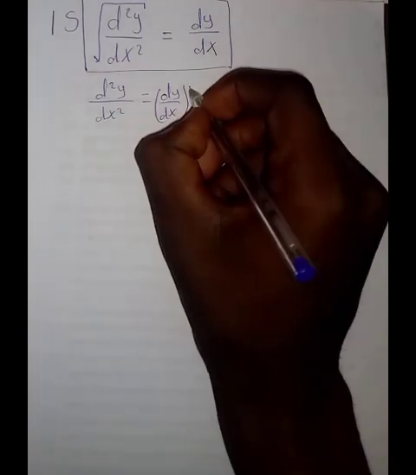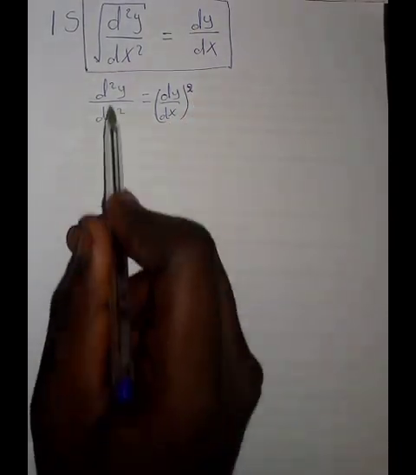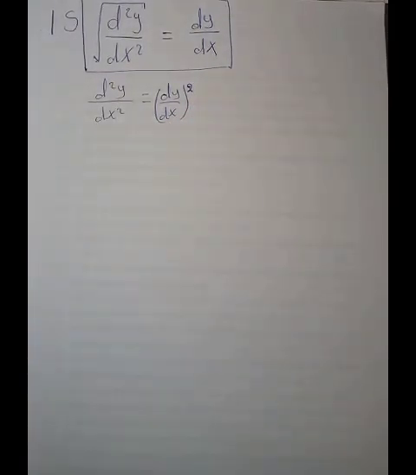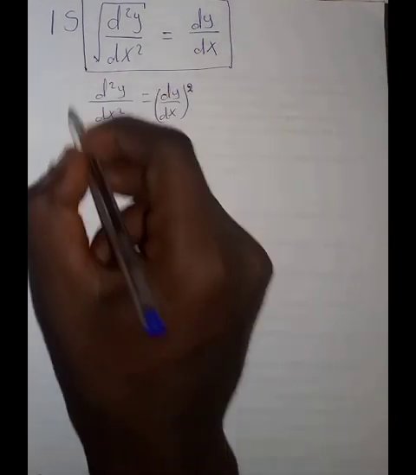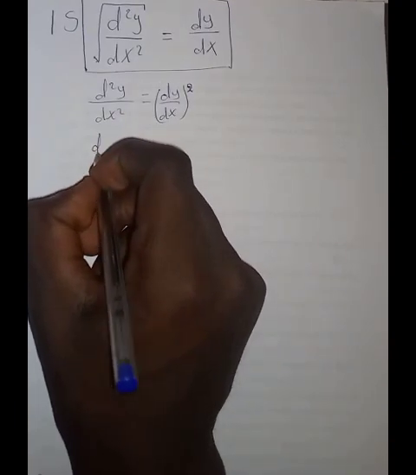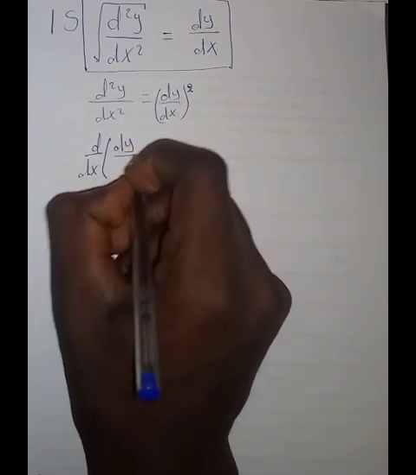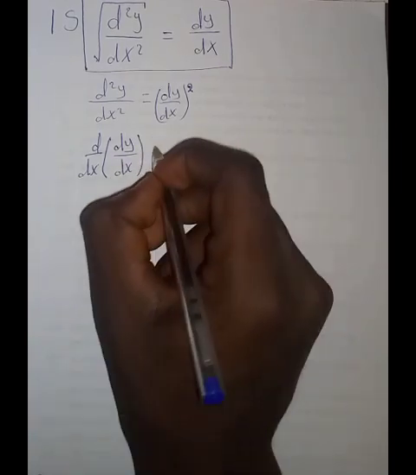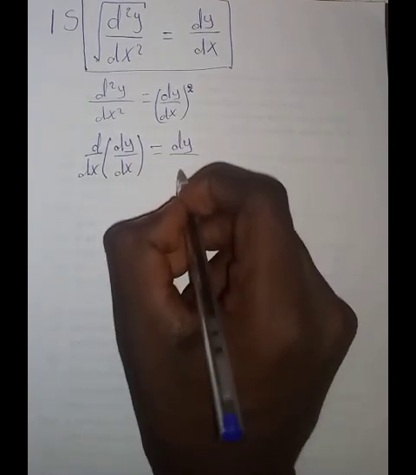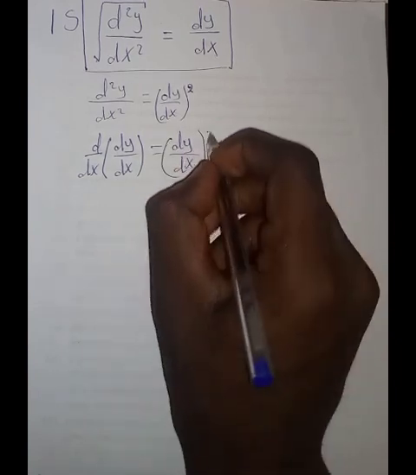But please keep in mind that the second derivative is the derivative of the first derivative. We can express the second derivative as d/dx of the first derivative, that is dy/dx, which is the same as (dy/dx) all squared.